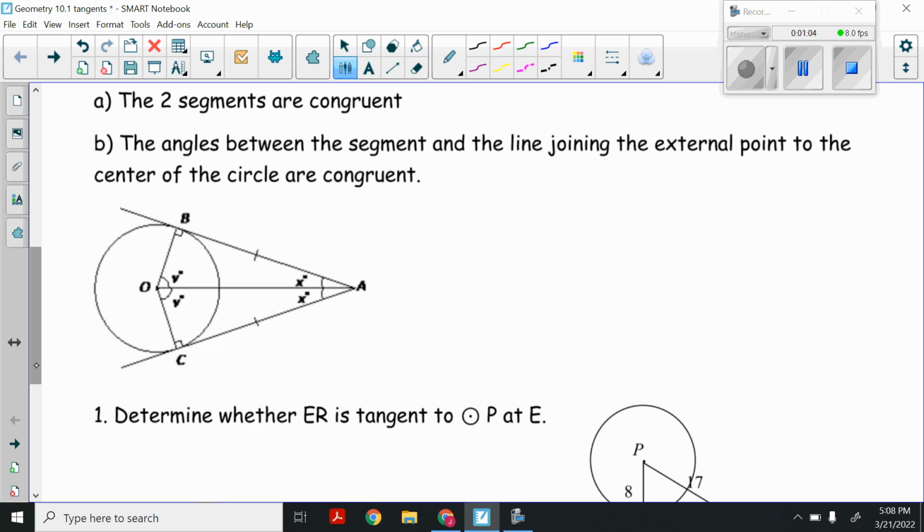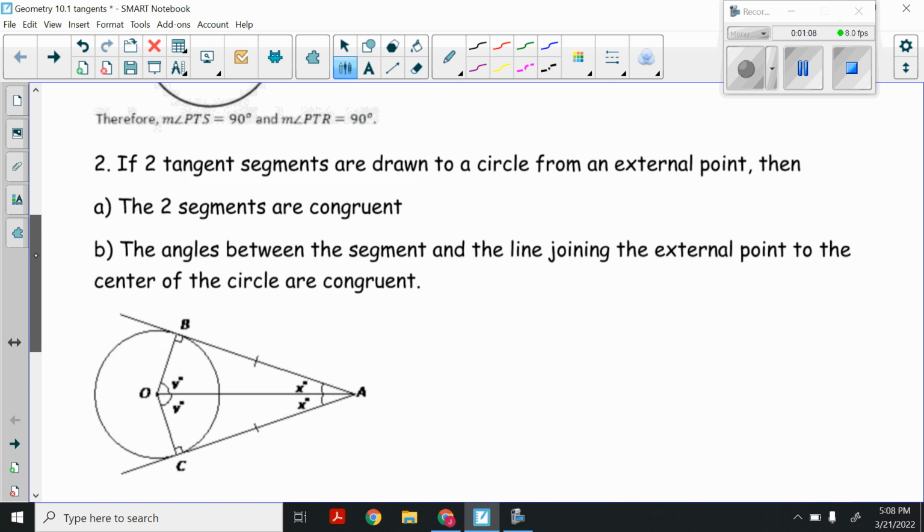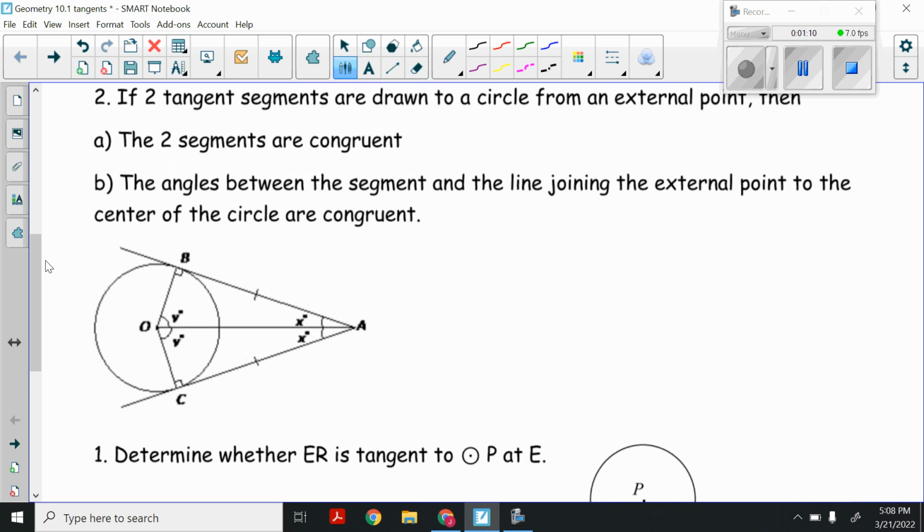So in this picture, we have circle O. We see that we have two tangent segments drawn from an external point. So my external point is A, so I have tangent segment AB and tangent segment AC. Those two segments are congruent. So I could say segment AB is congruent to segment AC.